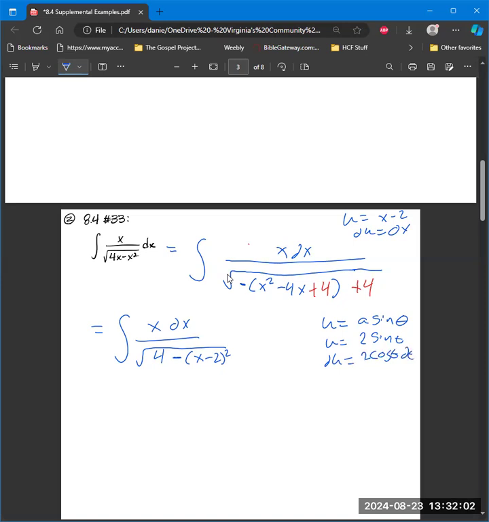And x is equal to u plus 2 here. x is equal to u plus 2. dx is equal to du. And then this is a squared minus u squared, like that.